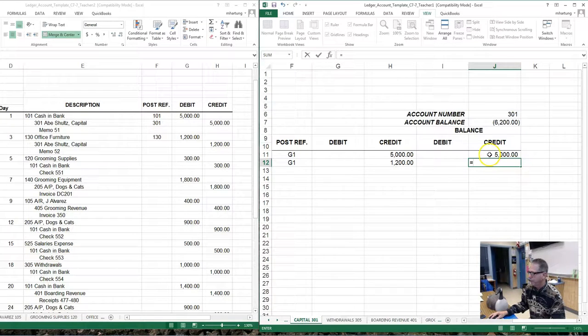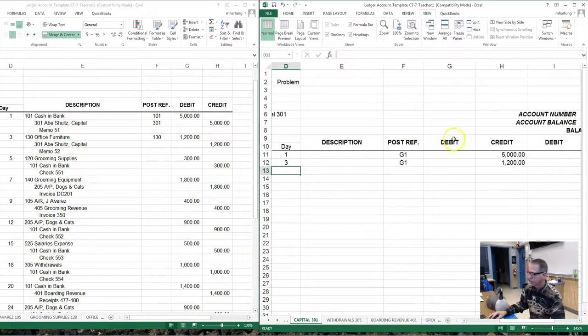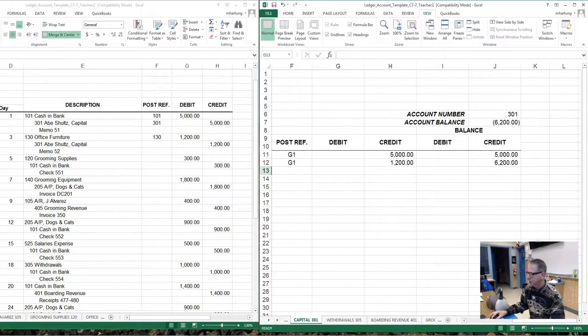Previous balance of $5,000. It's another credit, so it's going to increase. We have more credits, plus. And so now our claim to the assets of the business is $6,200. 5,000 plus 1,200 equals 6,200. Come back, show that posting to account 301.